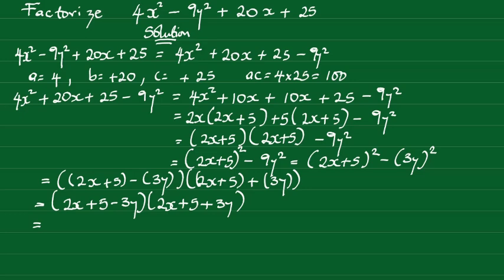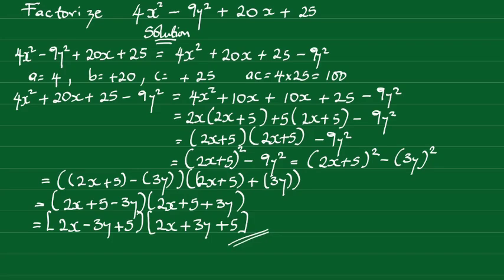And doing that, we have bracket open 2x, we have minus 3y coming forward, we have plus 5 backward, bracket close, bracket open 2x plus 3y plus 5 bracket close as our final answer. Thank you.